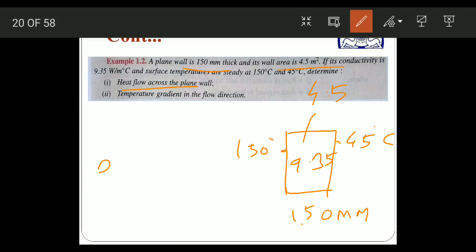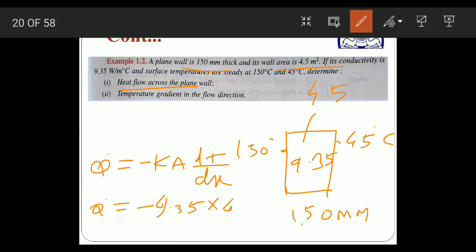So here we have to calculate Q, that is minus kA into dT by dx. So here we can calculate this as minus thermal conductivity 9.35, area 4.5, bracket dT, that is 45 minus 150, divided by thickness 150, so convert it into meter first, 0.150.